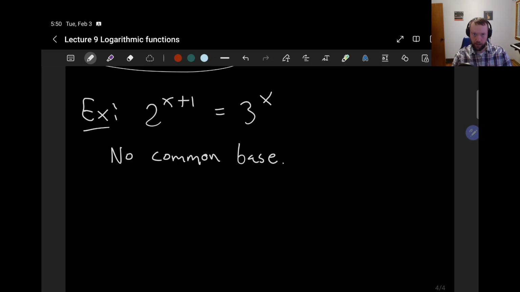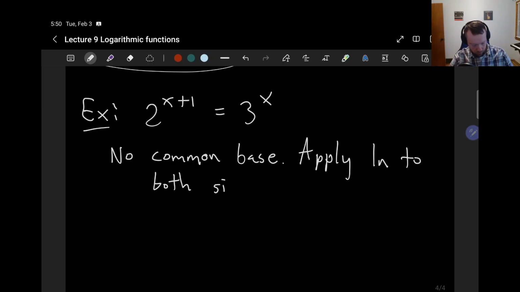What I would do instead is just use ln. I will say that actually any logarithm will technically work, but ln is the best natural choice.